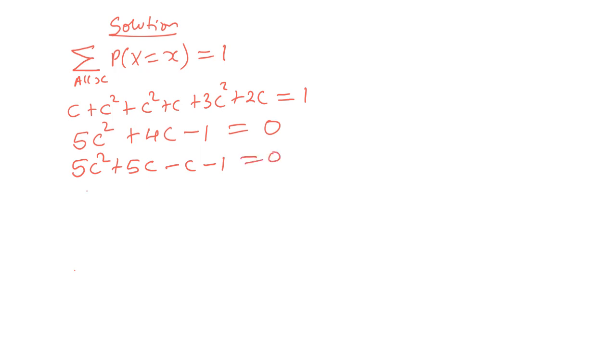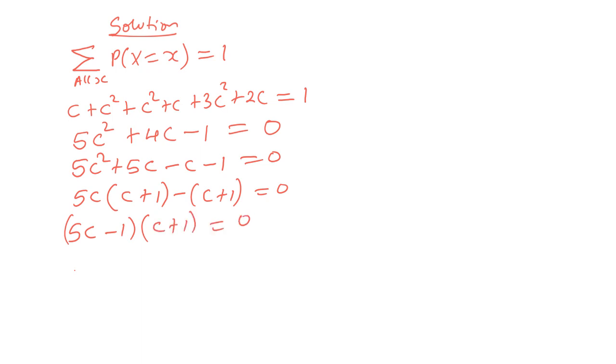This is 5C into C plus 1 minus C plus 1 equals 0. So 5C minus 1, if you factor out that bracket C plus 1, leads you to this step: 5C minus 1 times C plus 1 equals 0.